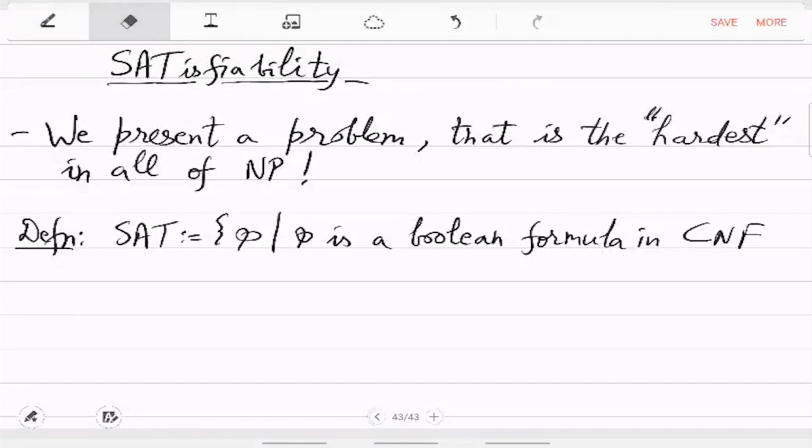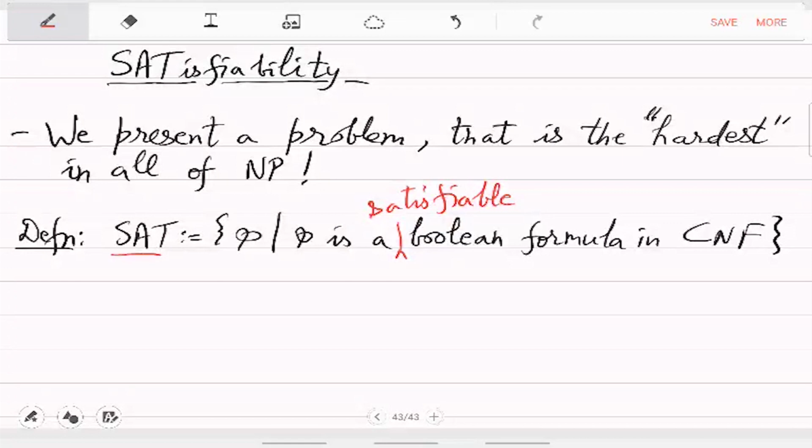So the key thing here is satisfiability. Phi is a satisfiable Boolean formula in CNF, and the CNF is a conjunction of disjunctions of literals. Okay, it is called conjunctive normal form.